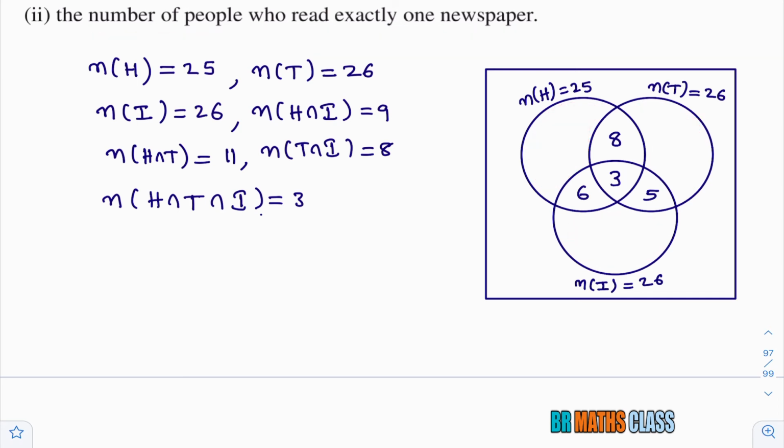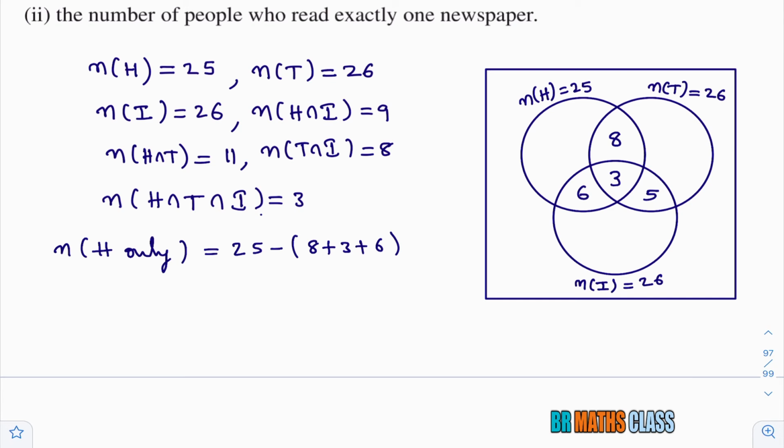Okay, so first I want to calculate this one, the number of people who read H only. So I'll write here, who read H only. Right, how to calculate that? This n of H is given as 25, na? 25 minus of 8 plus 3 plus 6.